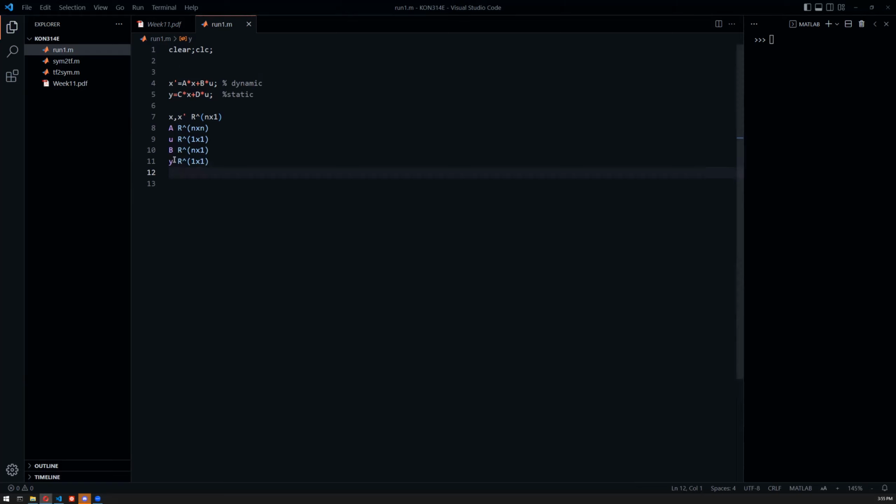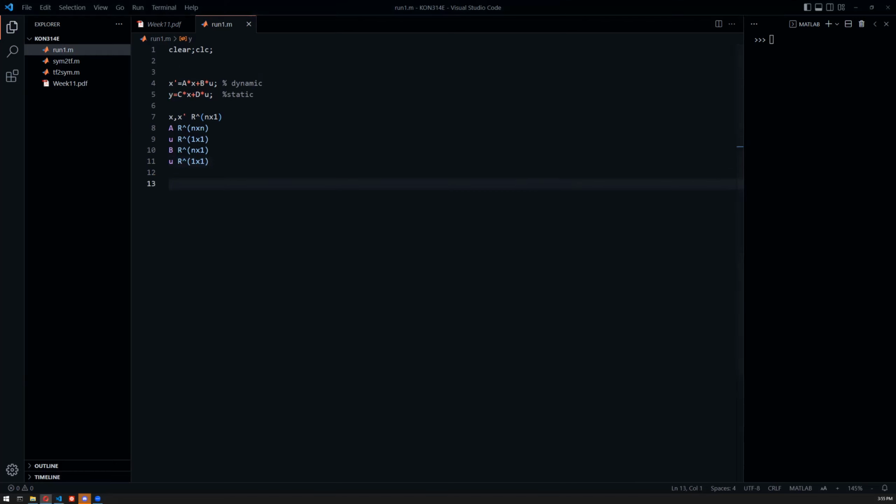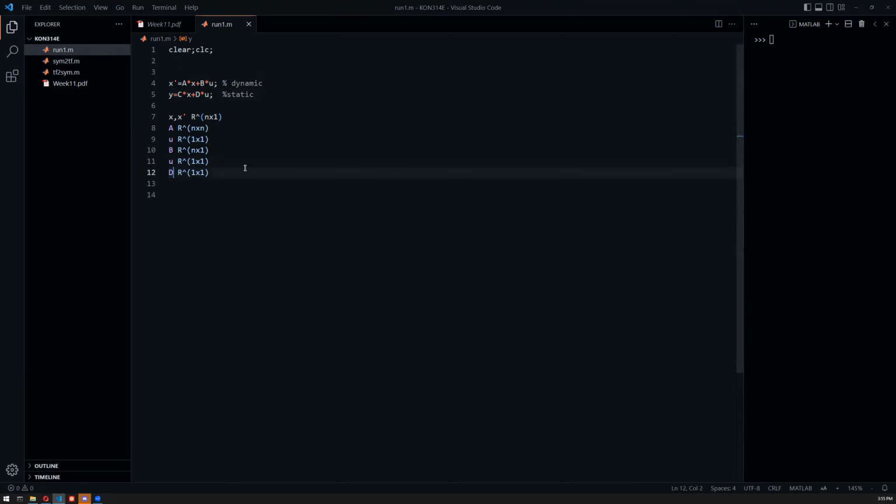Therefore, if u is also a scalar, then we actually have a scalar here and a scalar here. So what is the size of D? Well, basically that's also scalar. So D is also scalar. There we go.